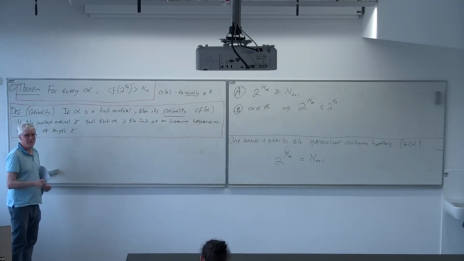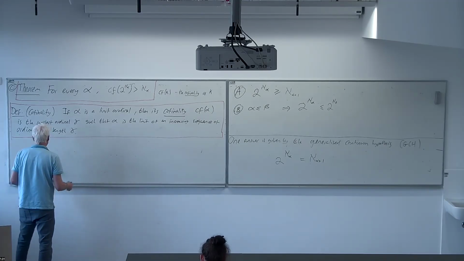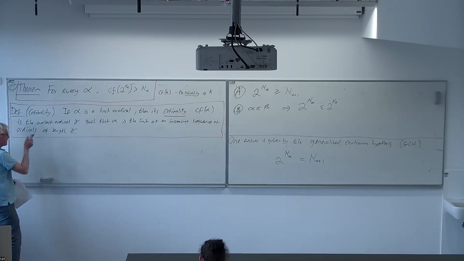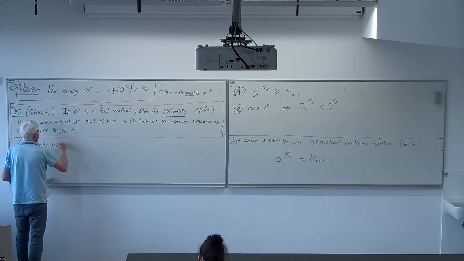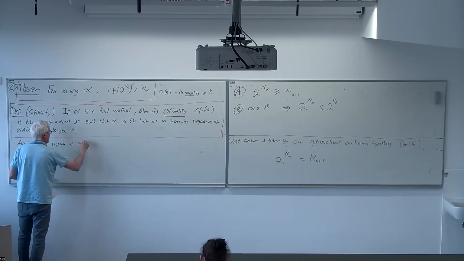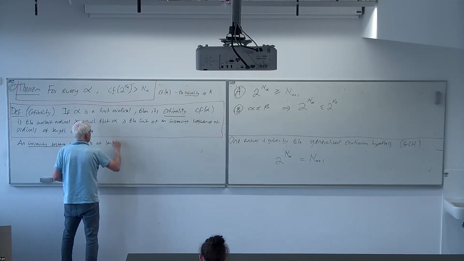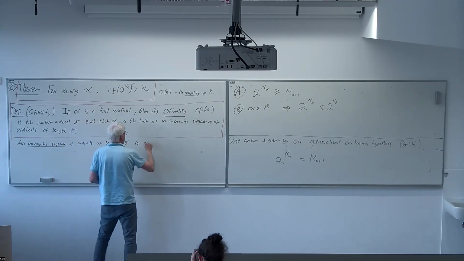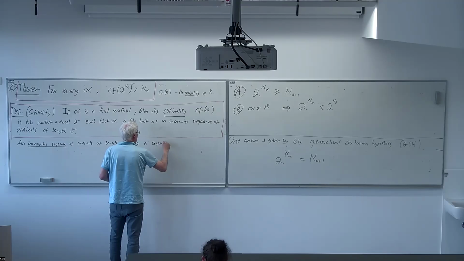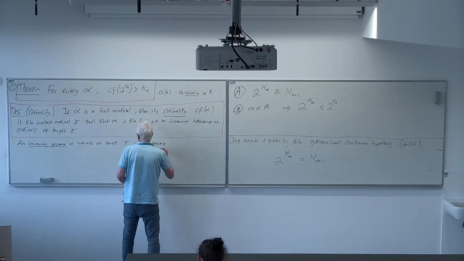Well, we actually did sequences. We did ordinal length sequences already last week when we did transfinite dependent choice. But just to remind you and to get the terminology right, an increasing sequence of ordinals of length gamma is an ordinal indexed sequence.